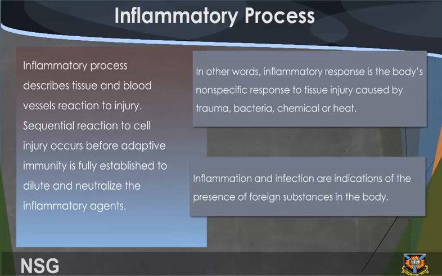In other words, inflammatory response is the body's non-specific response to tissue injury caused by trauma, bacteria, chemical, or heat. Inflammation and infection are indications of the presence of foreign substances in the body.